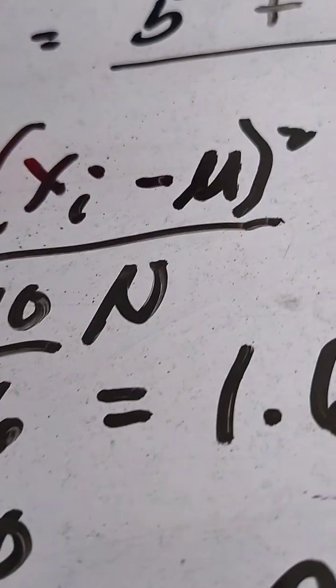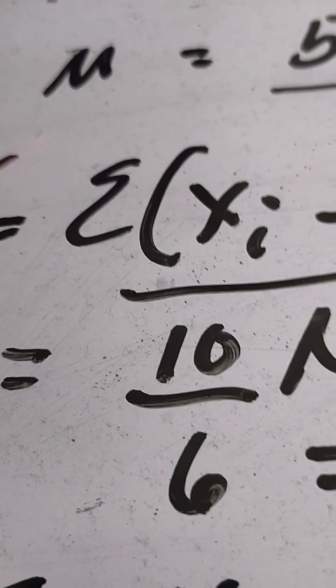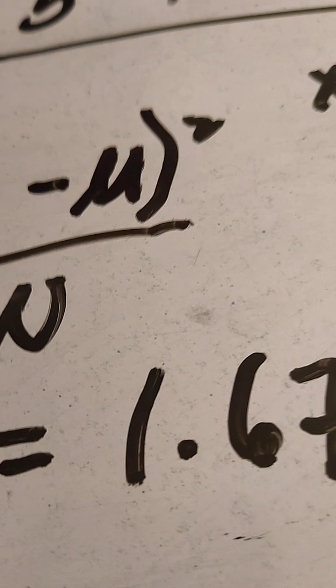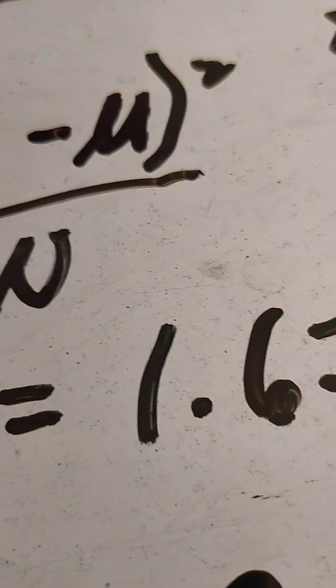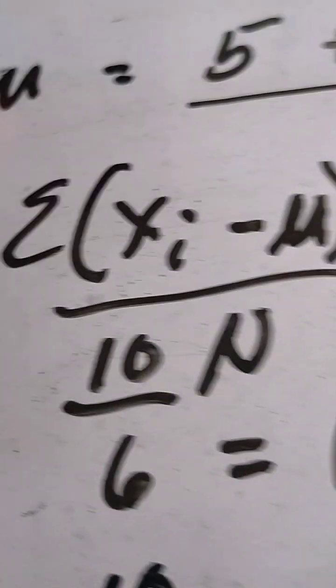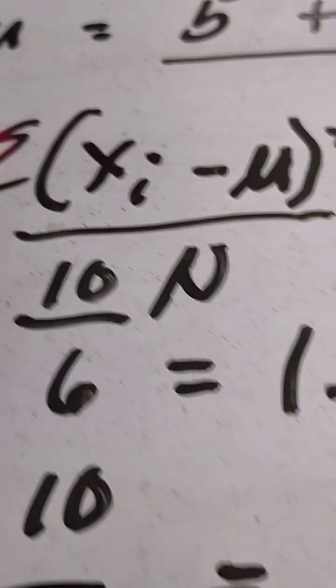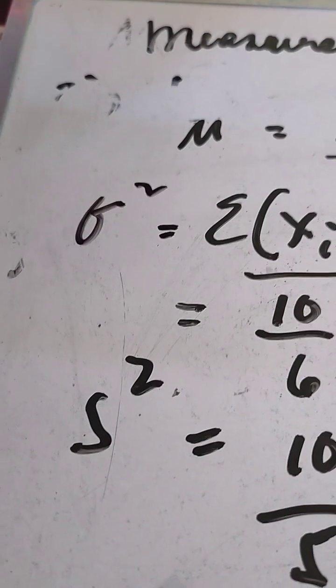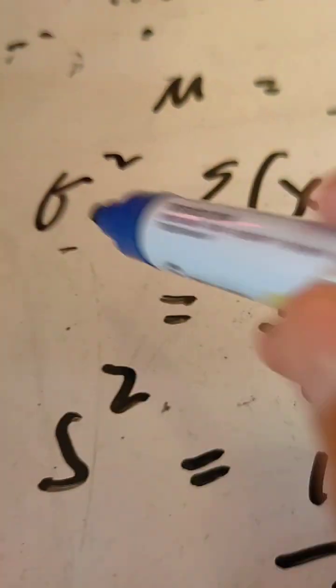Okay, so that is on the study of variation as a measure of variability, the variance. So this is now the result of the variance on the population and the sample.